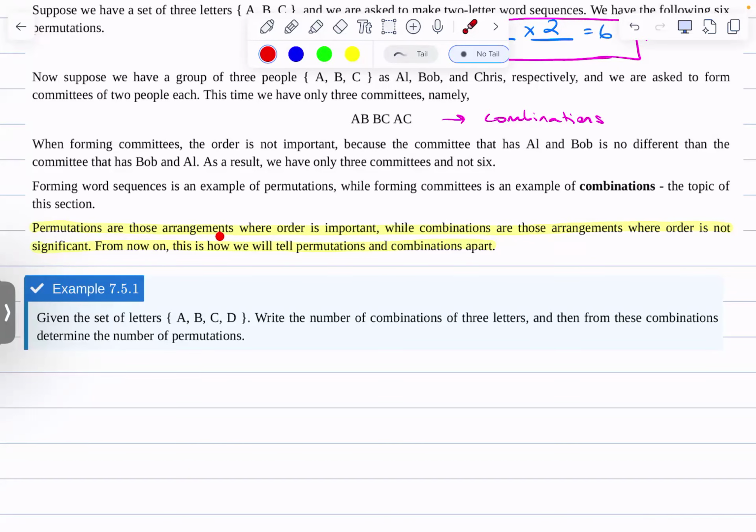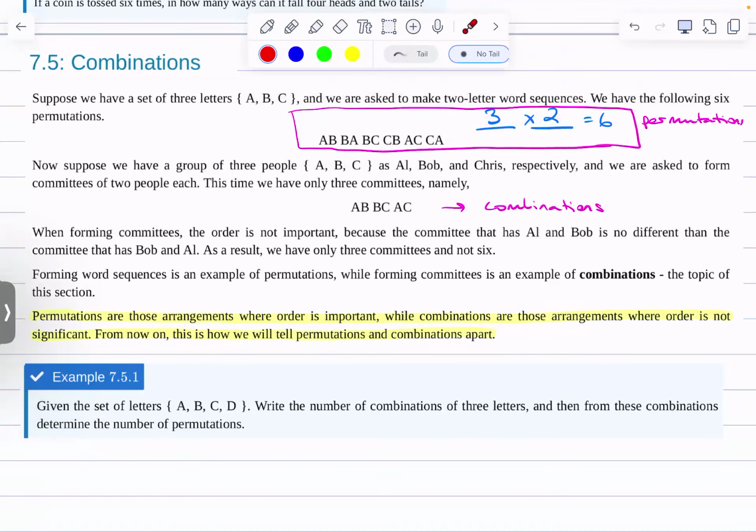Permutations are arrangements where the order is important. In terms of a word or letter combinations, AB is different from BA, and so it does matter which order things happen in. So permutations are arrangements where order is important. Think about AB versus BA: different word. While combinations are arrangements where order is not significant.